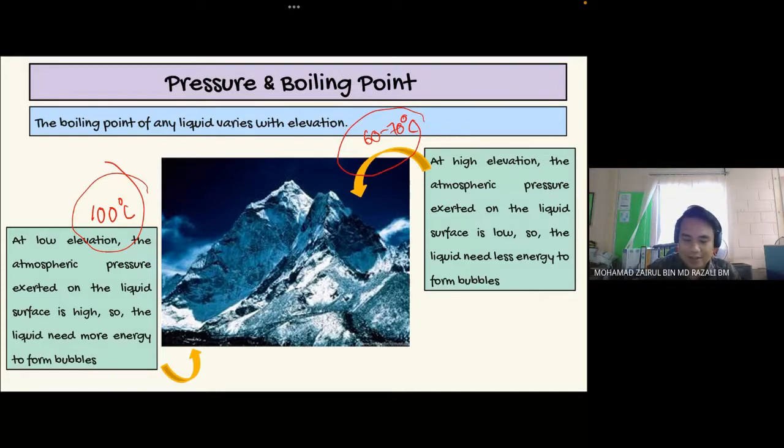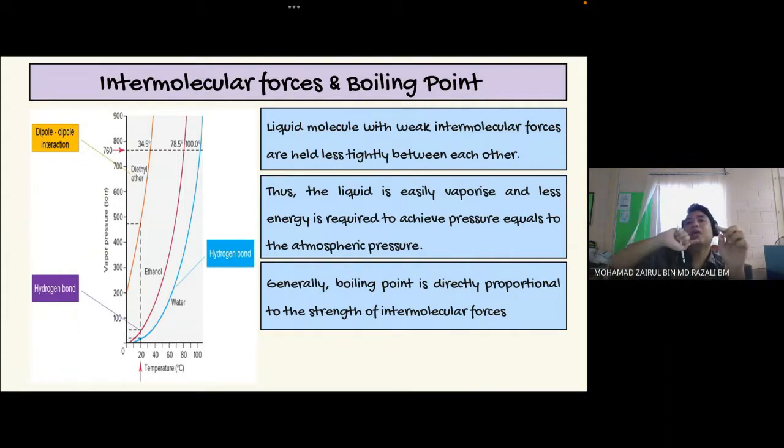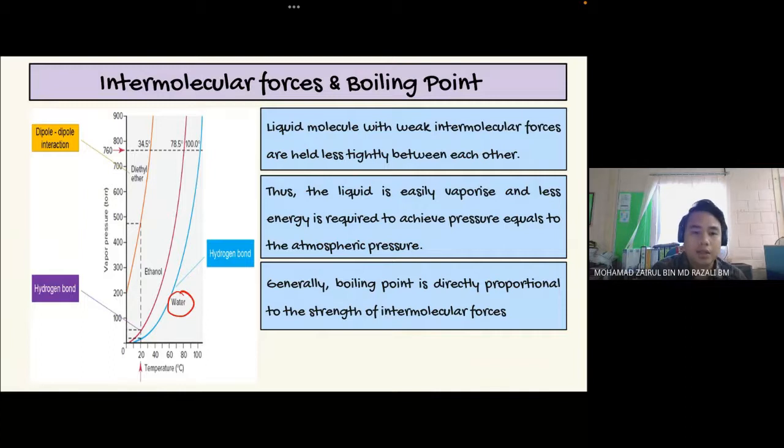Okay. So, besides pressure and elevation, intermolecular forces affect boiling point. The stronger the intermolecular forces, it means the particles are held more strongly. The stronger the particles are held between each other, the more energy you need to convert the liquid to gas. So, in order to achieve pressure equal to the atmospheric pressure, you need more energy. We know water has hydrogen bonds, ethanol has hydrogen bonds, diethyl ether has dipole interaction.